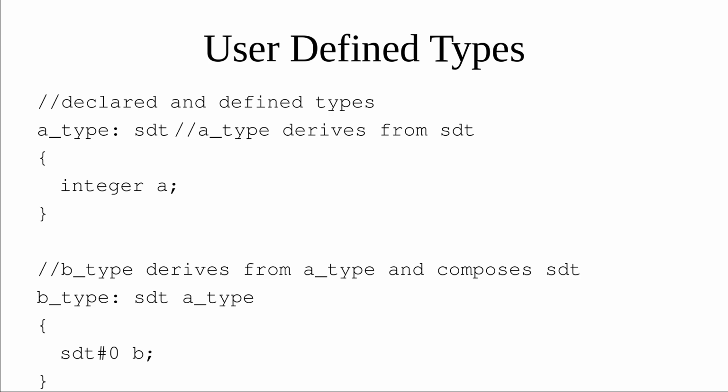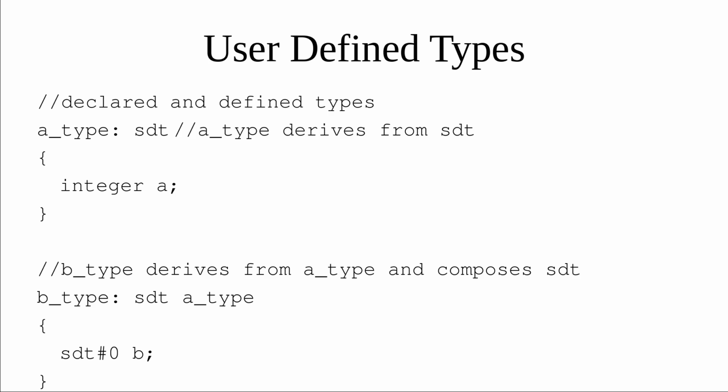Because pointer composes anything, and pointer itself is a type that inherits from DT. So you can just keep going with pointers, with something before that.